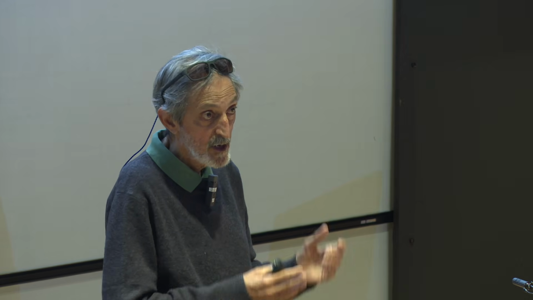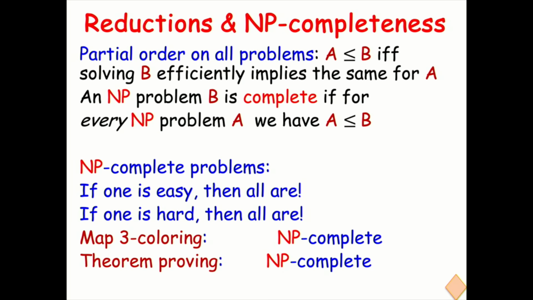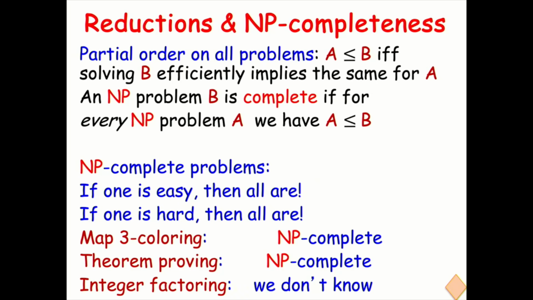So any one of them captures the complexity of P versus NP, and if you want to work on this problem, you can choose your favorite and try to find an algorithm for it, or try to find that there is no algorithm for it. And we know map coloring and theorem proving, which I'll maybe clarify what I mean there, are NP-complete. And integer factoring, for example, is one where we don't know the complexity.